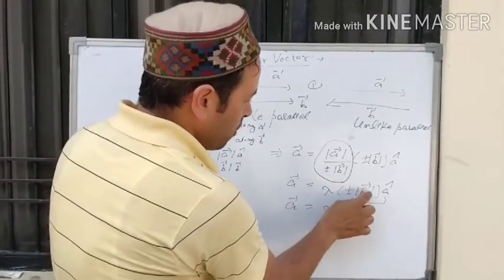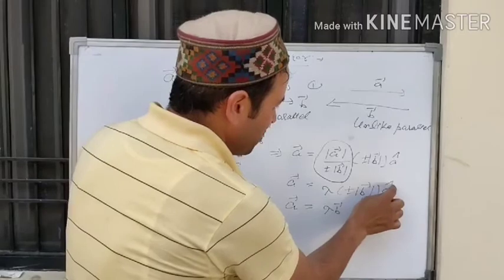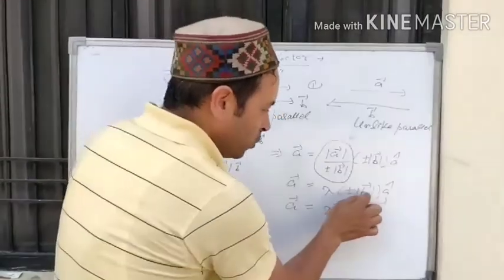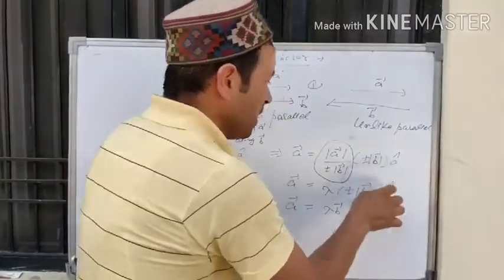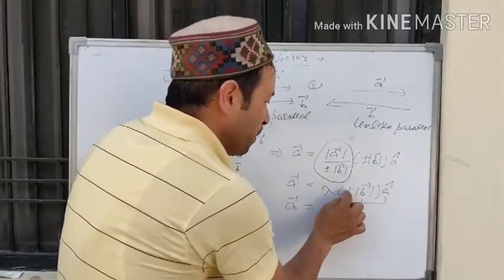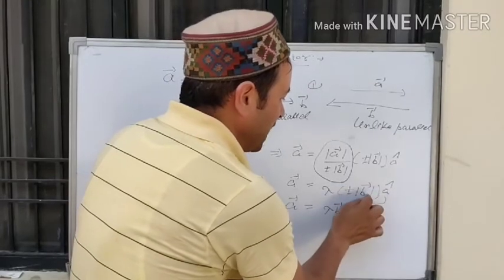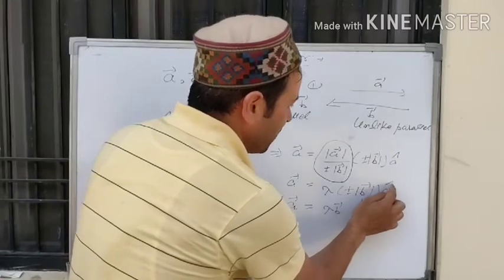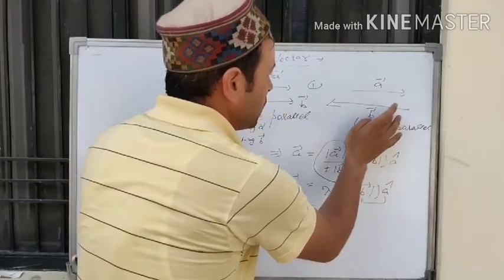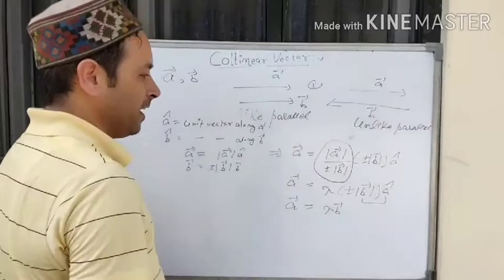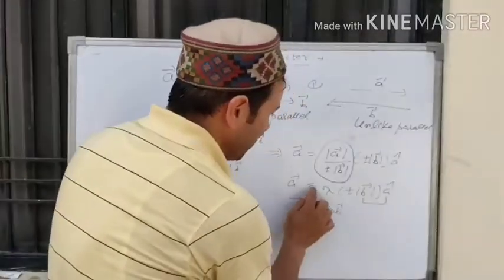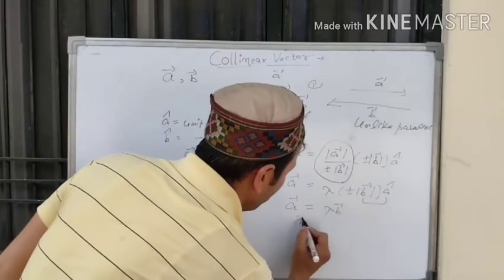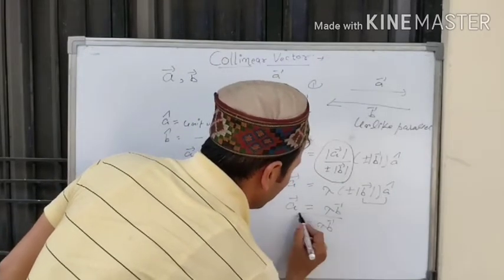Means magnitude of B into plus A unit vector will give magnitude of B as well as the direction of B. A cap, plus A cap, always represents the direction of B vector, which is in the direction of A vector, and negative A unit vector represents the unlike case, that is the direction of B vector is against the A vector. So that's why we can say that A vector is equal to lambda B. A is equal to lambda B.